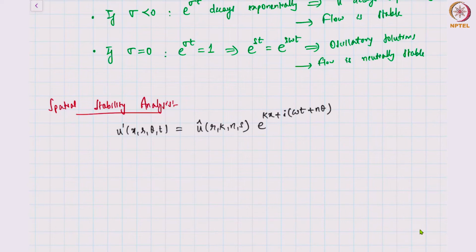So here k can be a complex number. So k can be kr plus i ki.